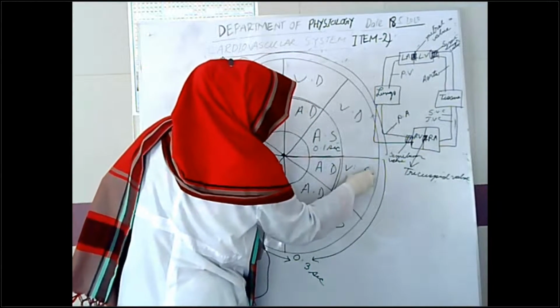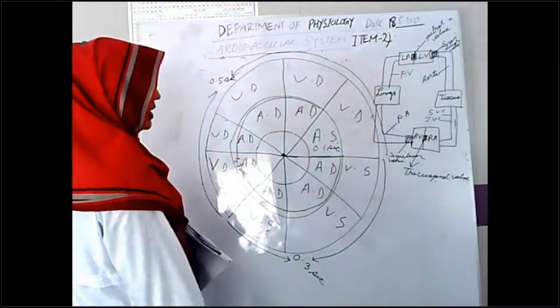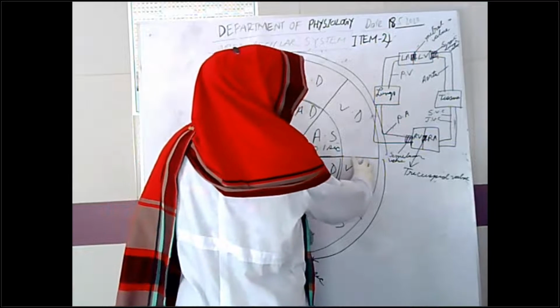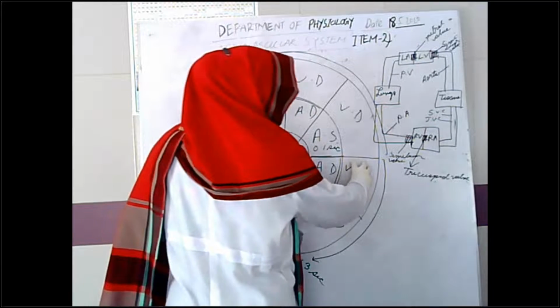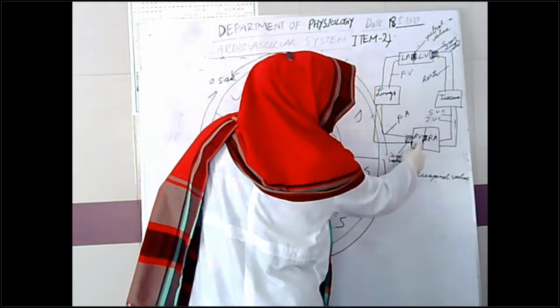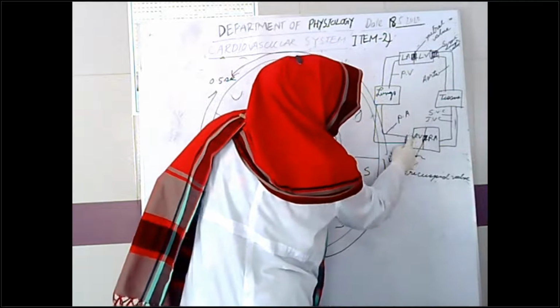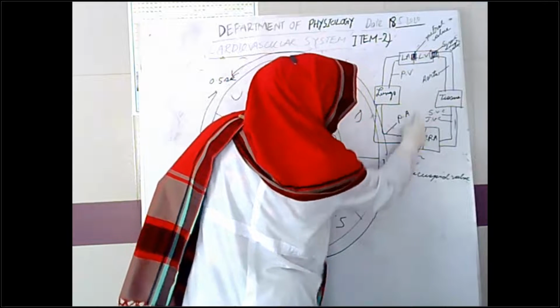So during ventricular systole, the first phase is the isometric contraction phase. You have to open the semilunar valve, because blood has already come into the right ventricle and left ventricle.